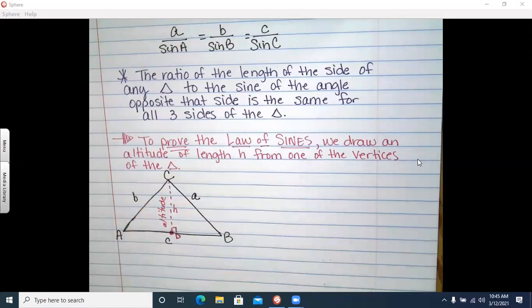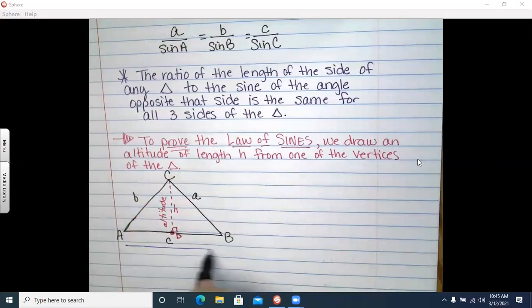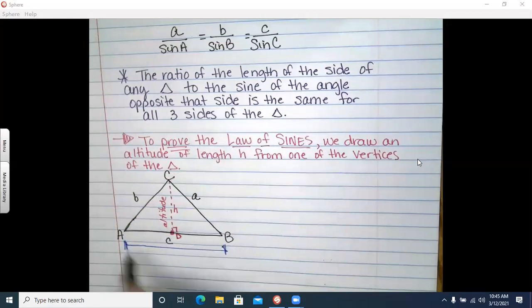So when I'm talking about c, it is the length of AB. That's what your c is. I'm going to rewrite it like this. That is your c, the length of AB.